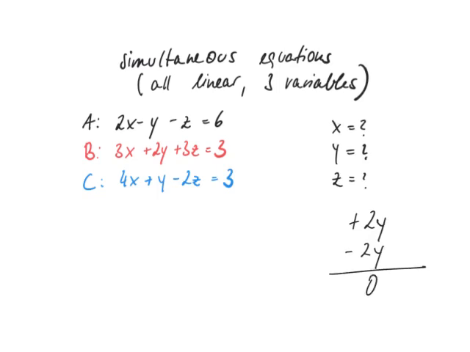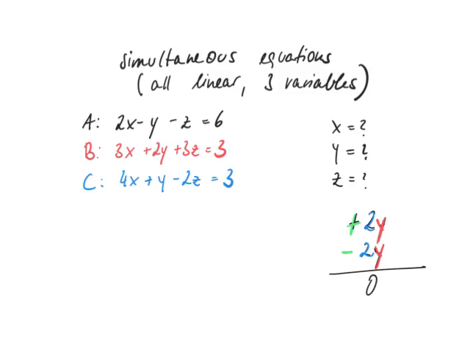So we need the same variable, the same number, but opposite signs, so that if we add the 2 of them together, we will get 0. And we can manipulate these equations, we can multiply them, in order to get to a situation like that.